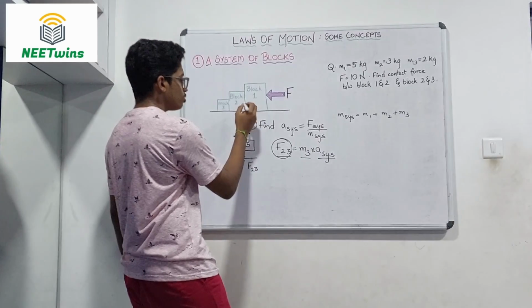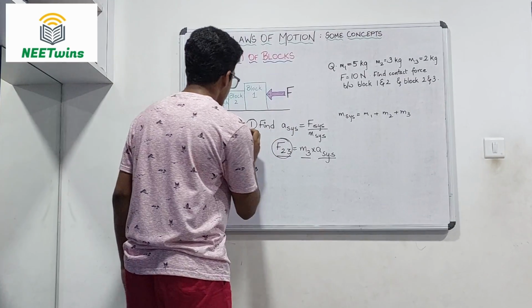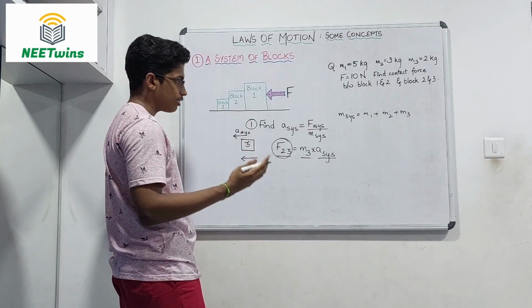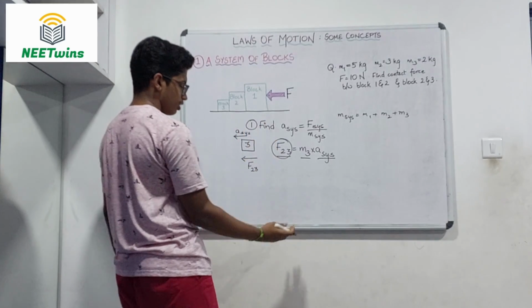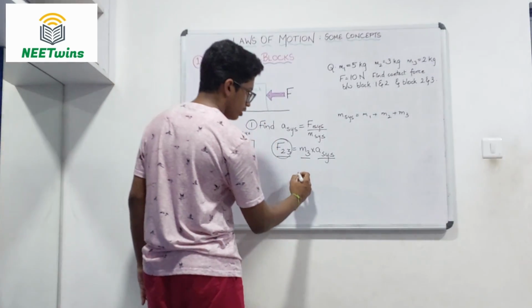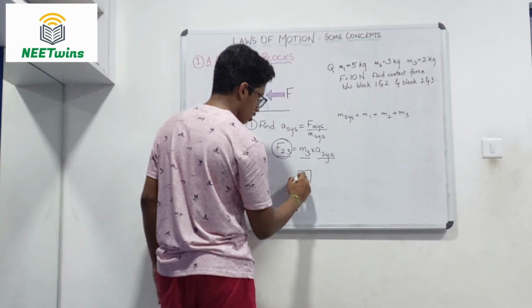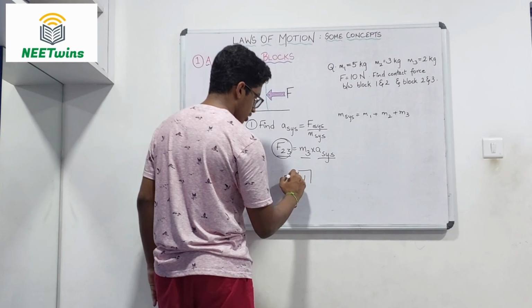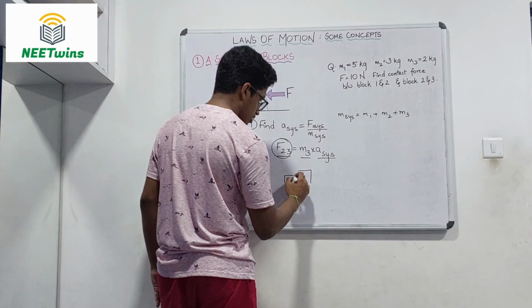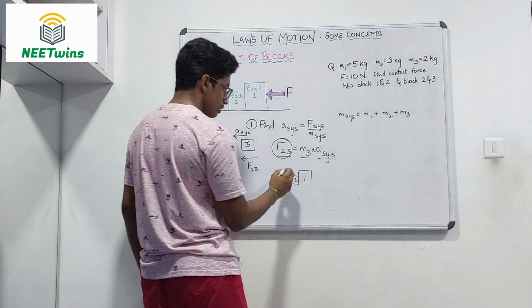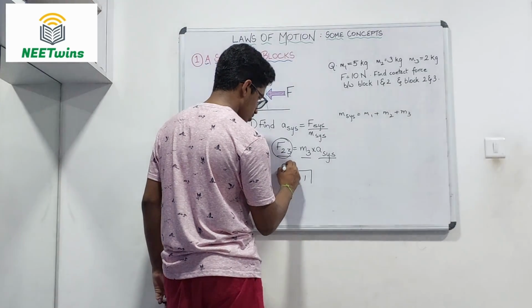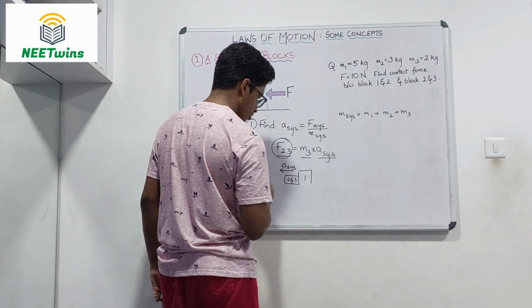To find the contact force between block 1 and block 2, we need to consider block 2 and block 3 as one unit, like as one block itself. We can imagine it like this: there is one block 1 and together there is one block 2 and 3 system. In this case, this whole body also moves with the acceleration of the system.